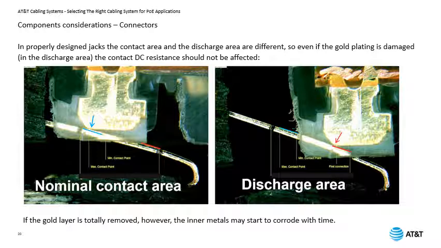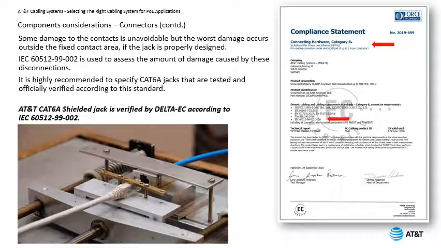If the gold layer is totally removed, the inner metals, which are mostly copper, may start to corrode with time, and this will cause disconnection of the signal and of the PoE delivery. Some damage to the contact is unavoidable, but the worst damage occurs outside the fixed contact area if the jack is properly designed.